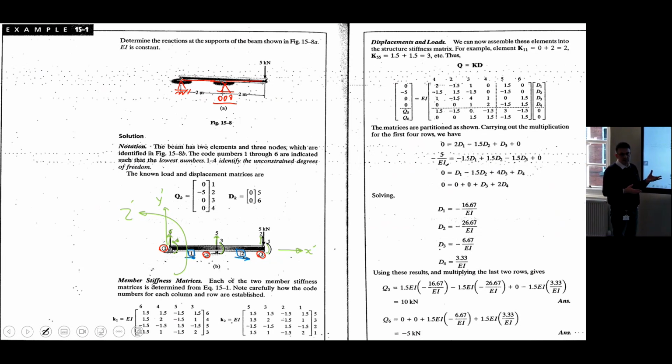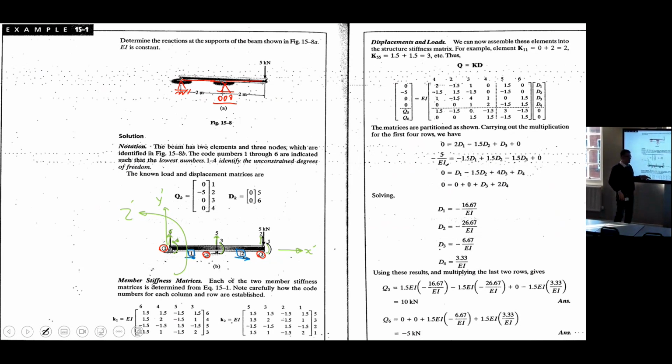Don't worry about the numbering, because if you do another sequence of numbering, they will be rearranged when we assemble the stiffness matrix. At the end, for example, you will find deformation of 1, 2, 3, 4, 5, 6. If you number it in another way, you will find this one, that one, this one. Okay?